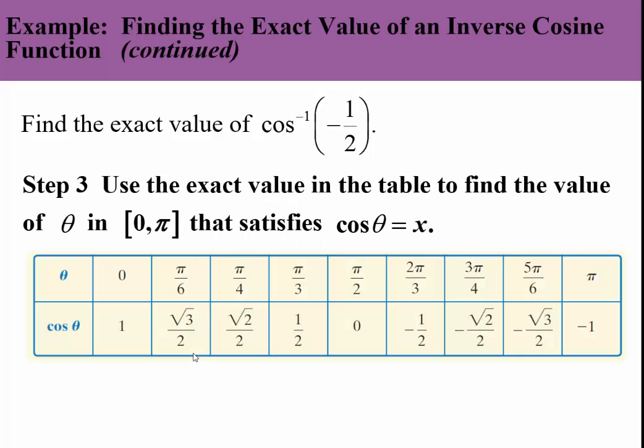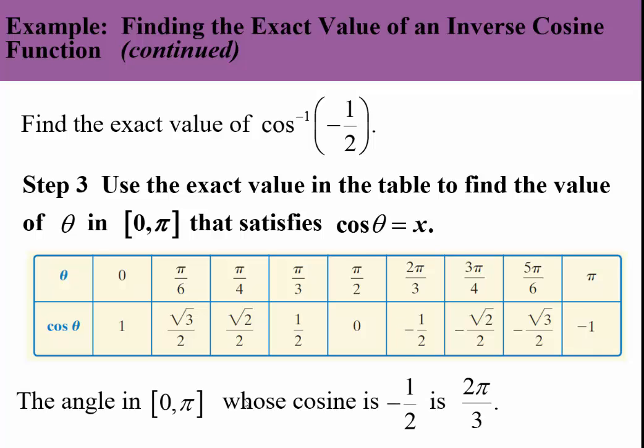And then if you look at the chart here, well, where is the cosine going to be -1/2? And there we are at 2 pi over 3. So knowing the circle can save you some time. So the angle in between 0 and pi where the cosine is -1/2 is here.